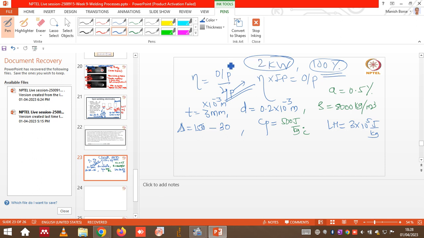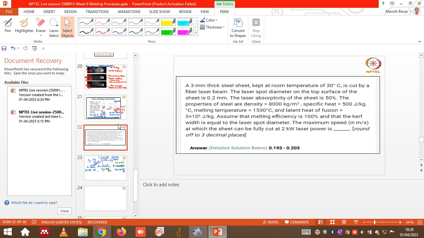Okay, and they ask what is the maximum welding speed we can achieve in meter per second, and that we have to round the answer to 3 decimal places. The width is equal to the laser spot diameter, and they said the sheet can be fully cut.